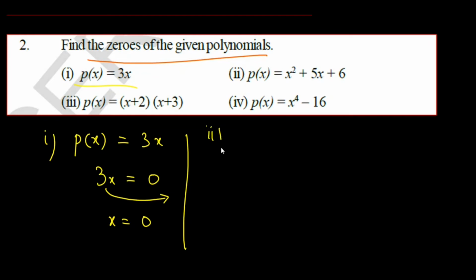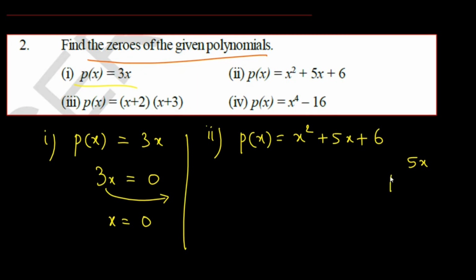Second one, p of x is equal to x square plus 5x plus 6. This is a quadratic polynomial. We know how to split the quadratic polynomial. We can split the middle term as a sum of two terms and then finally get two linear factors of this quadratic polynomial. Here the middle term is 5x.